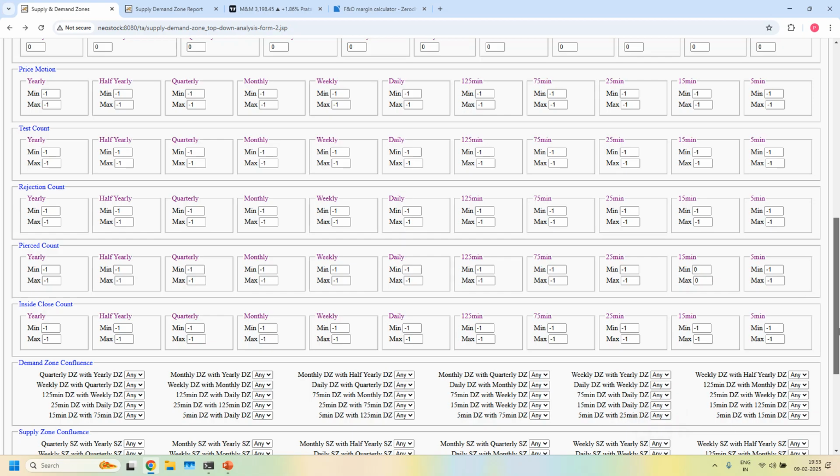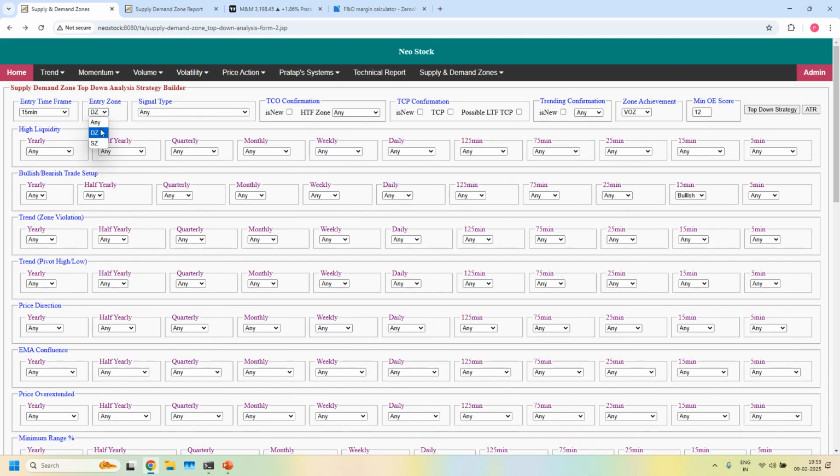Okay. Now what I am going to do, I am going to set the 15-minute supply zone, and here it should be a bearish trade setup at 15 minutes.